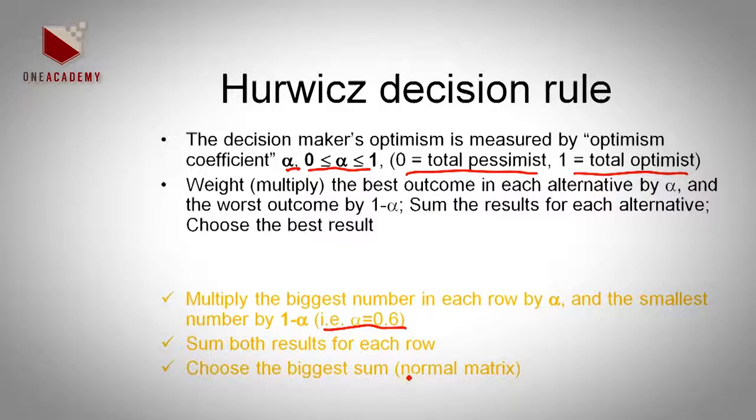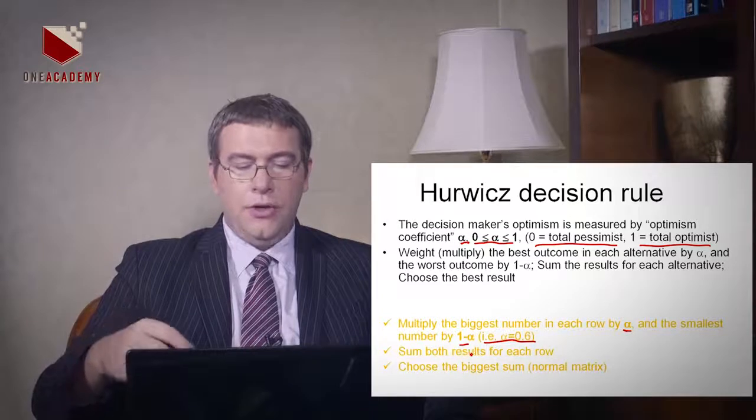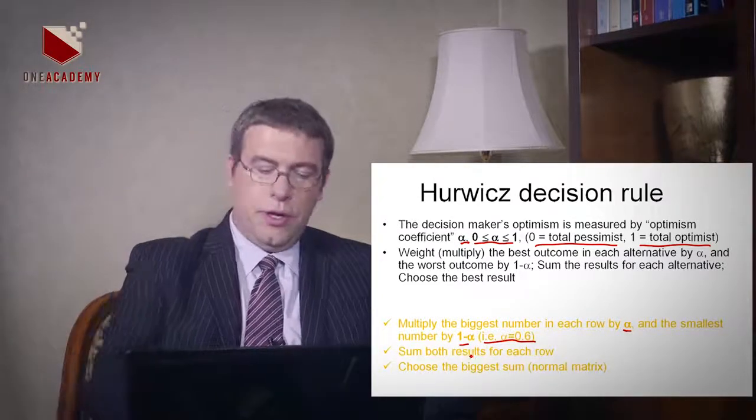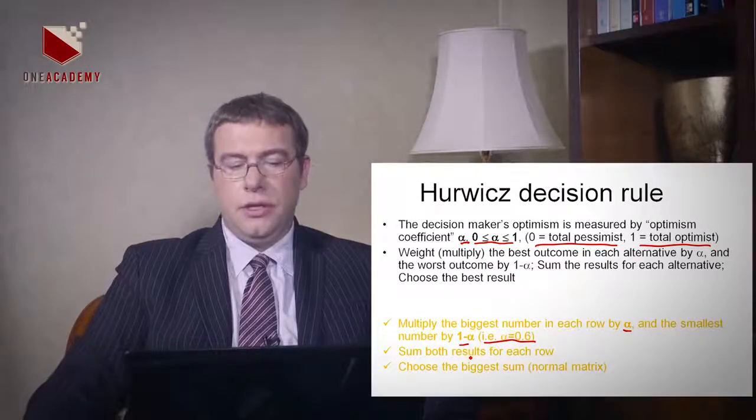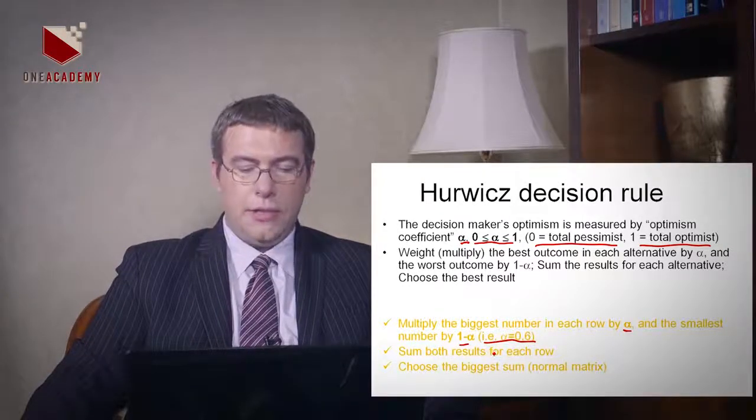So what we're going to do is multiply the biggest number of each row by alpha, which is 0.6, and the smallest number of each row by 1 minus alpha, which is 0.4. And sum both results for each row, and choose the biggest sum, because we have a normal matrix. If it was an inverse matrix, we would have chosen otherwise.